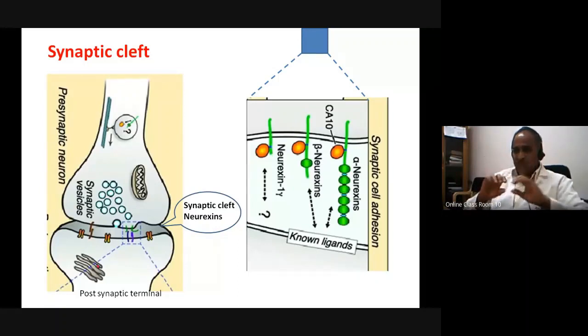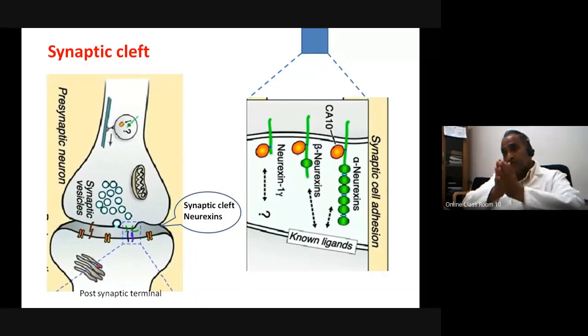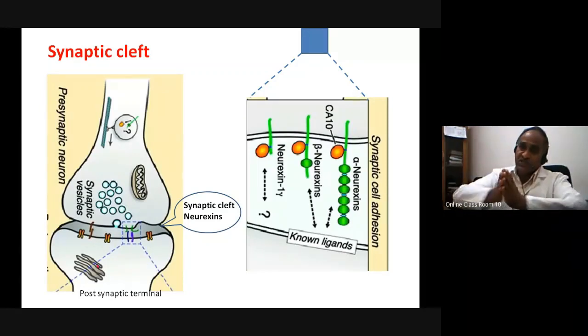In this open space, if the transmitter is released, what happens to it? It is released explosively, and it moves to all components of the extracellular fluid via diffusion and Brownian movements. Once it moves into the entire sea of extracellular space surrounding these two terminals, the effective concentration of these neurotransmitters would be less. It would be minimized.